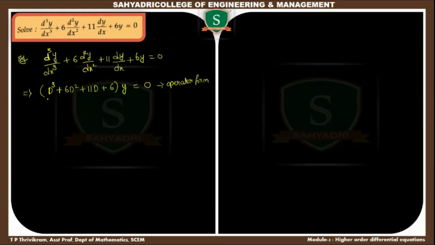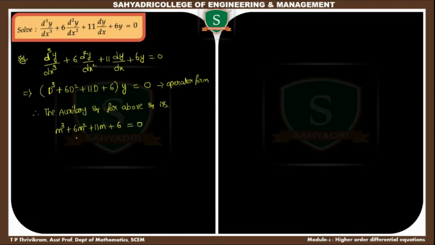Therefore the auxiliary equation for the above equation, converting in terms of m, is m cube plus 6m square plus 11m plus 6 equal to 0.